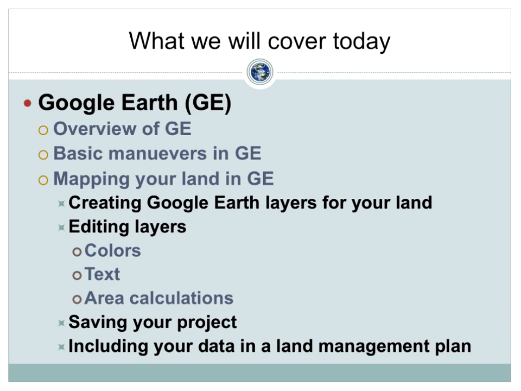What we'll cover today is we're going to take a quick look at an overview of Google Earth and some of the basic maneuvers, how you maneuver through the screens, how you use some of the tools, where they are and what they do within the Google Earth interface. And then we'll move into primarily how you go about creating a mapping project for your land.